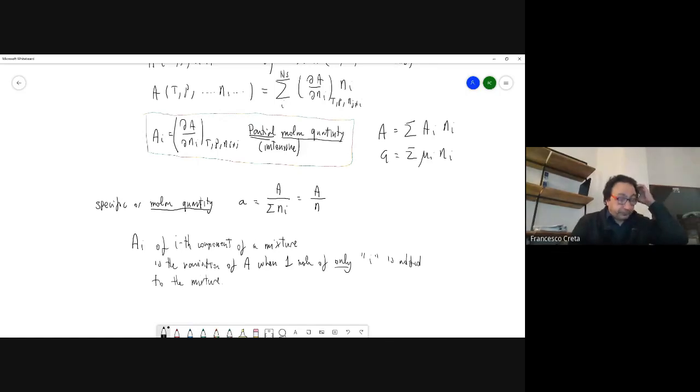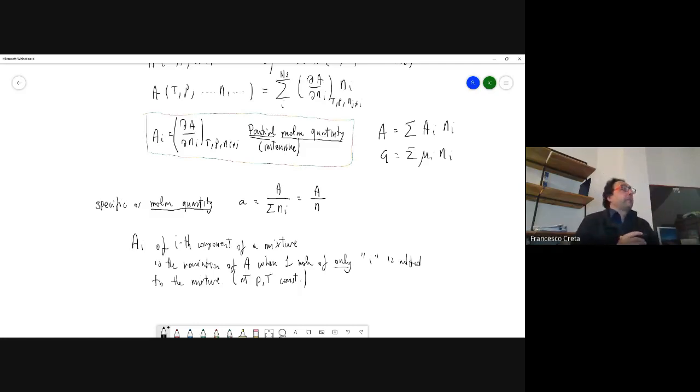Let me add at P and T constant. So we're keeping the pressure constant, we're keeping the temperature constant, we're not touching all the other species, but we're adding to the system 1 mole of only pure substance i.